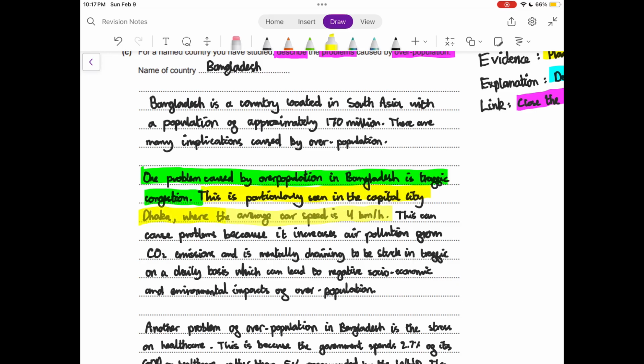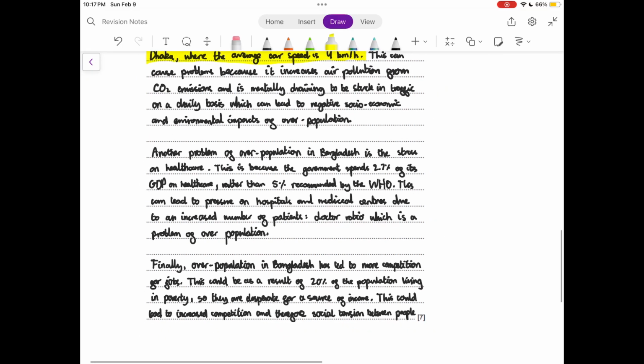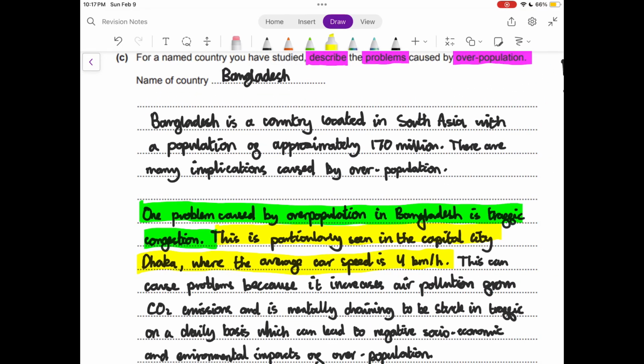And by the way, you do not need to dump a lot of place-specific information into 1 paragraph. You only need 1 piece per paragraph. So in total, you only need like 3 plus the introduction, which is your opening statement. For example, here I mentioned the population is 170 million.